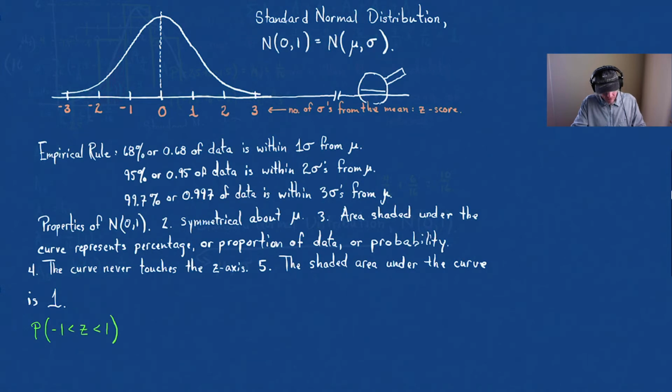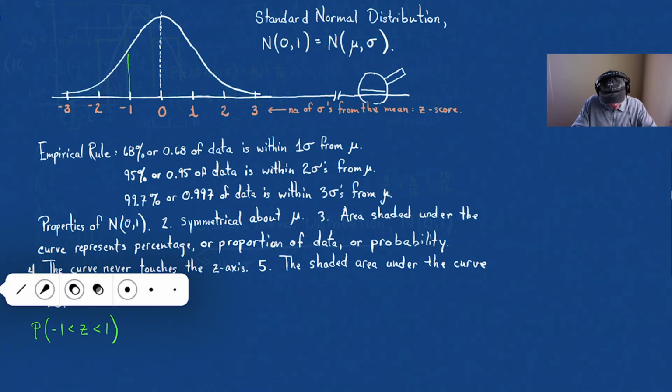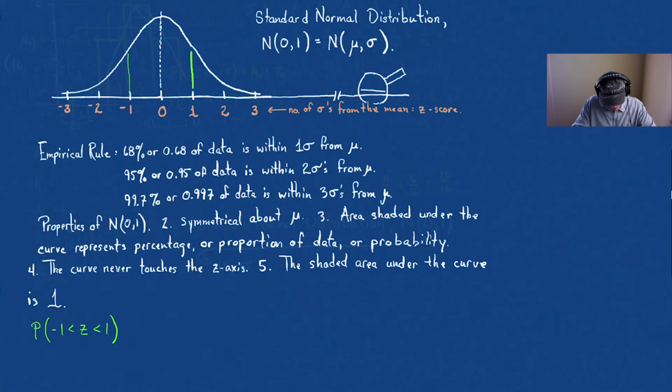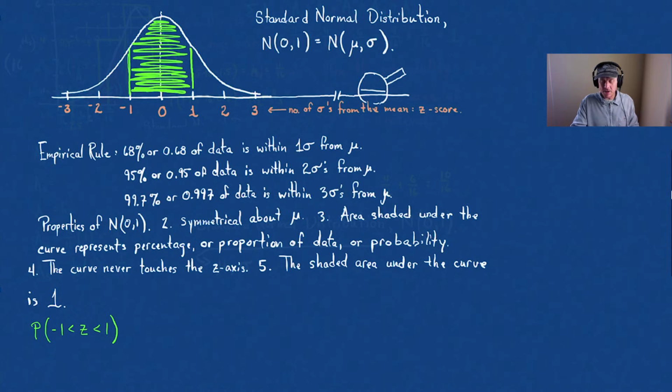So what we're doing is we're taking a z-score. We want the z-scores that are bigger than -1, and less than 1. So it's this region right in here. Well, the empirical rule tells me that that is 0.68.